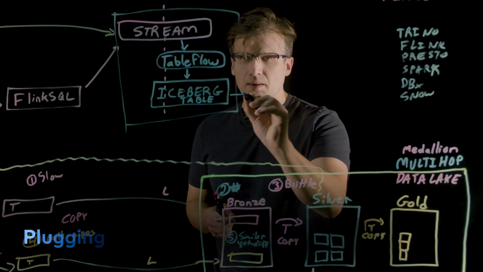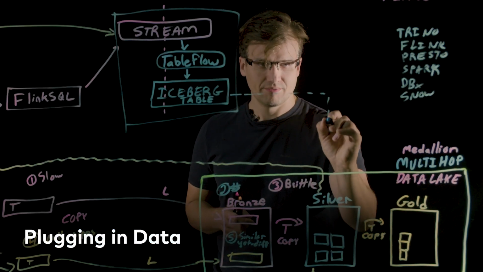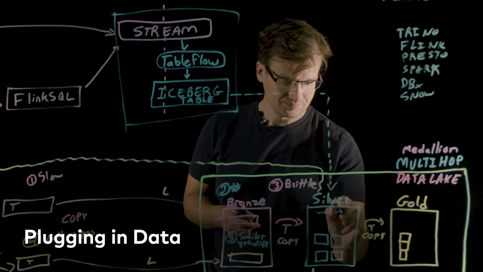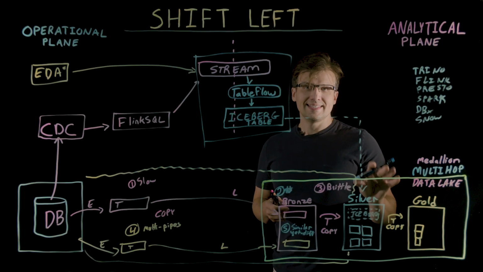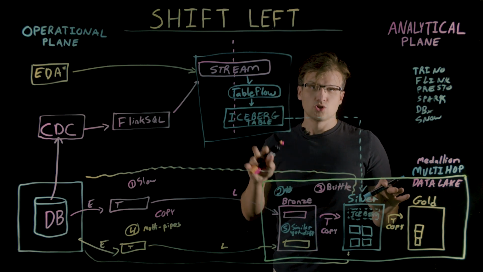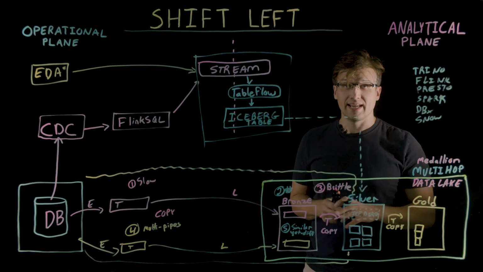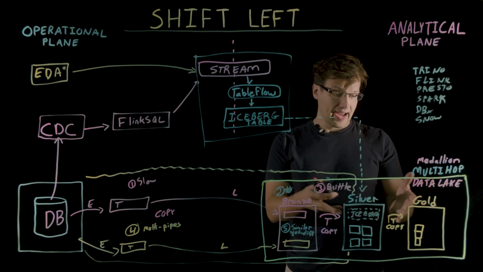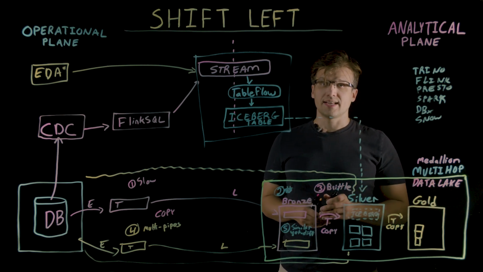You simply plug the data into your silver layer here. And since the data is already cleaned, structured, and well formatted, it slots right into our silver layer, ready for use for querying and generating these gold level data sets.